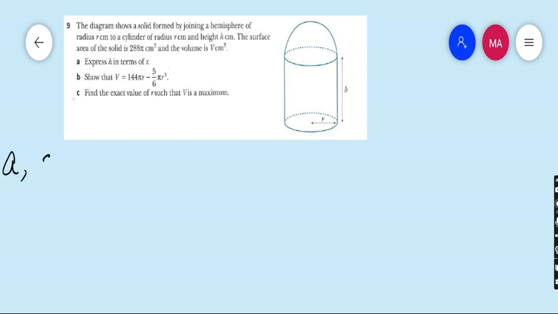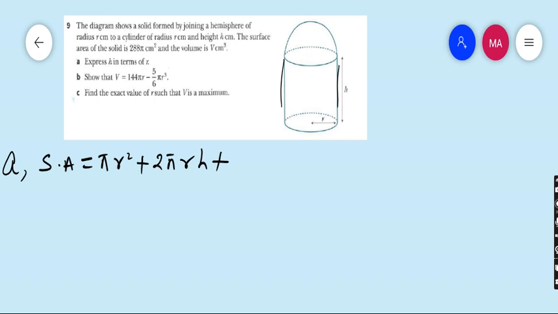First, we have to find the surface area of this solid. Surface area is the area. First, we have to find the area of the base, that is pi r square. Then the curved surface area of the cylinder is 2 pi r h. Then find the area of this hemisphere.